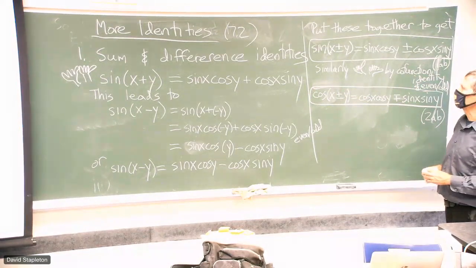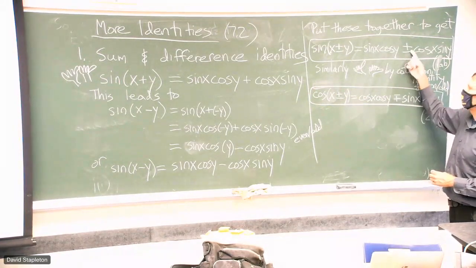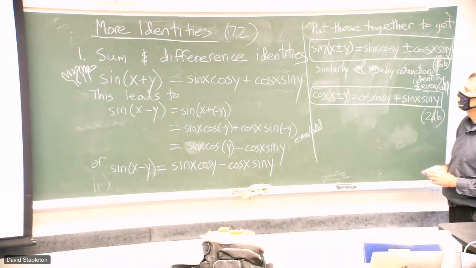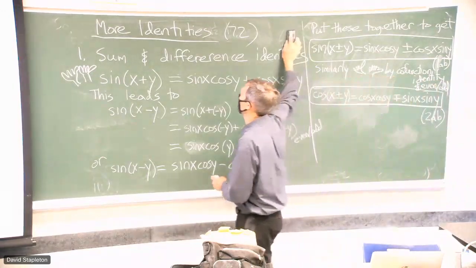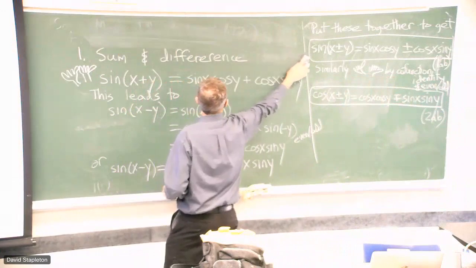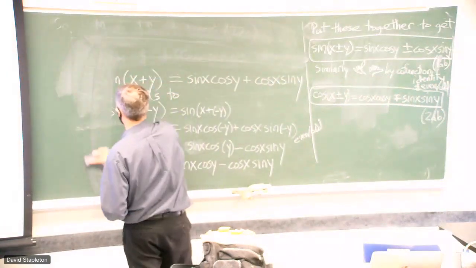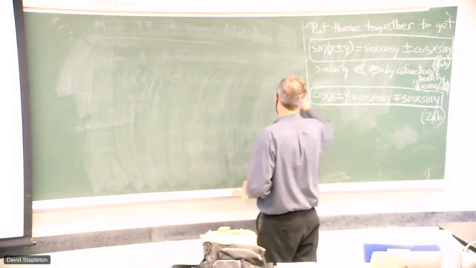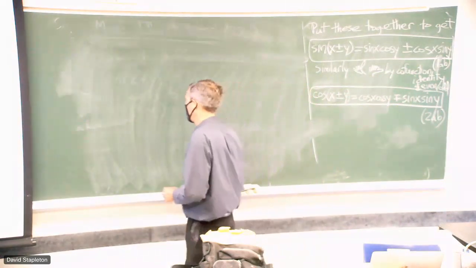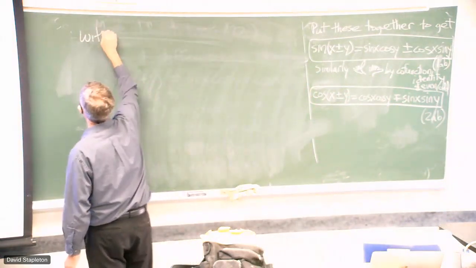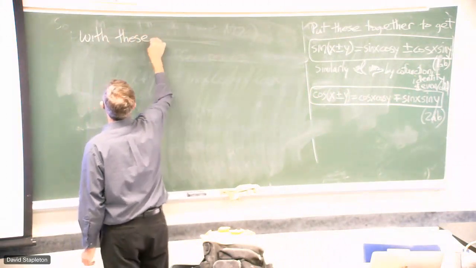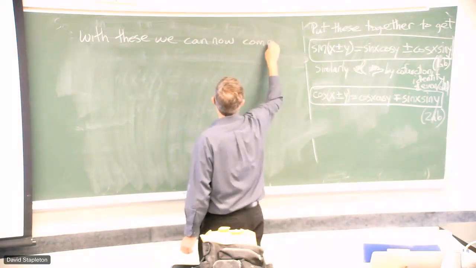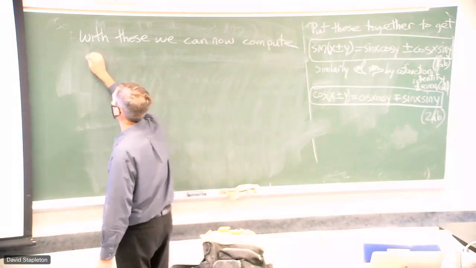And these do some interesting things for us. This is the whole identities for this section, these 4 put into 2 very similar things. With these, we actually can finally do some trig functions of different angles than special angles, not a whole lot more, but with these, we can now compute exactly by hand.